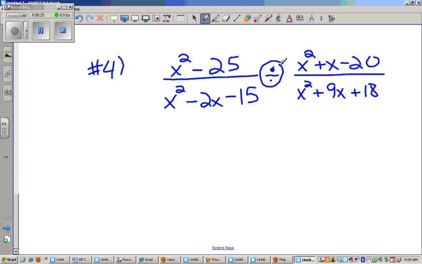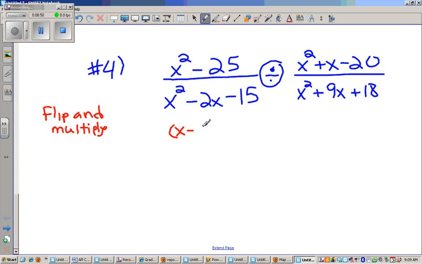Remember, when you have a fraction divided by a fraction, the process is to flip and multiply. So what we're going to first do is flip and multiply. Okay, but we always flip just the second one, right? It's whatever you're dividing by that gets flipped. And you might want to do the factoring while you do this. That's probably a good idea.